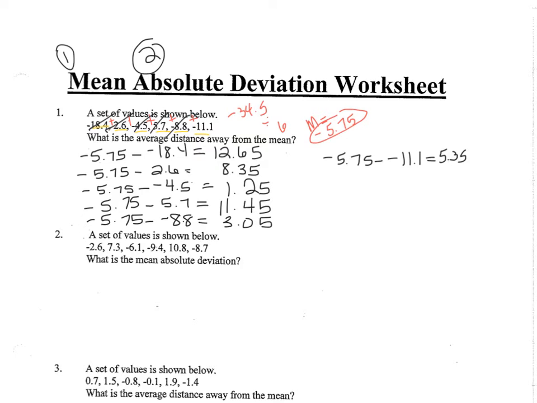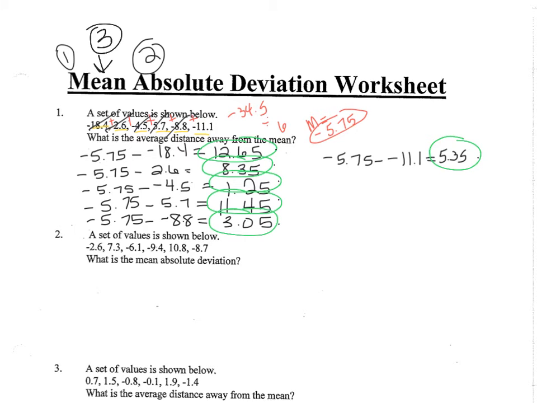Step 3 is finding the mean again, but this time the mean, or average, of the numbers we just found. So I'm going to do the same thing I did in step 1, but now using the numbers I just got when I subtracted.